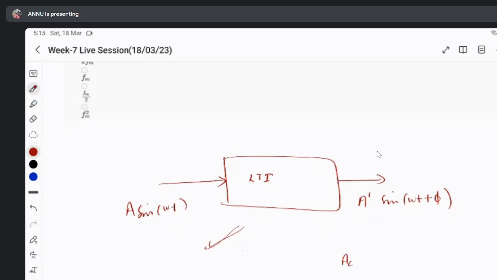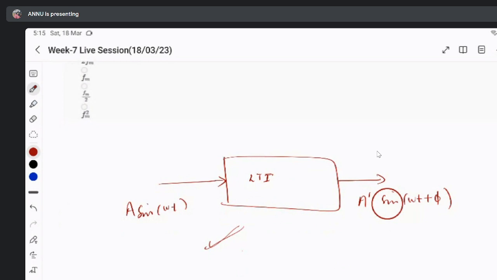Amplitude modulation is LTI, I can understand, because frequency doesn't change, only amplitude changes. In FM also there is only a shift, but the sinusoidal nature remains: input is sinusoidal and output is also sinusoidal. Phase and amplitude can change, but the frequency coming from the input side will remain the same.